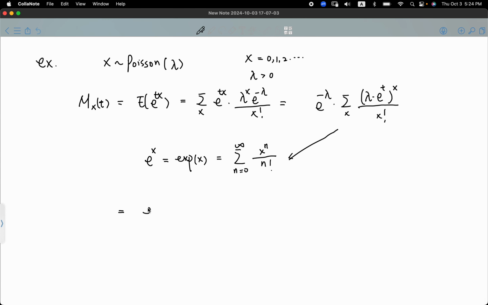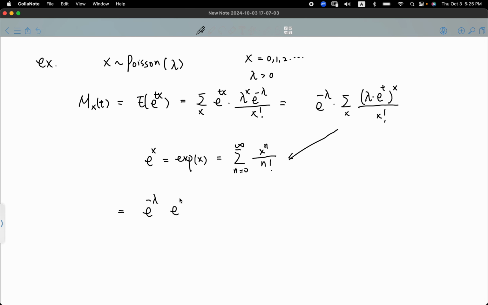First of all, we have our coefficient e raised to the power of negative lambda, and then we can write this summation as e raised to the power of x, except that the x in our case is the term in the parentheses.